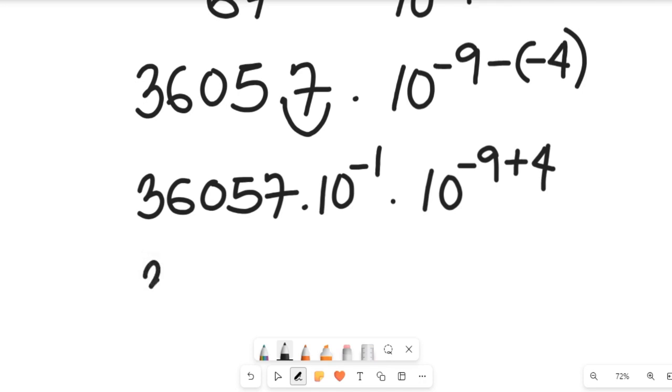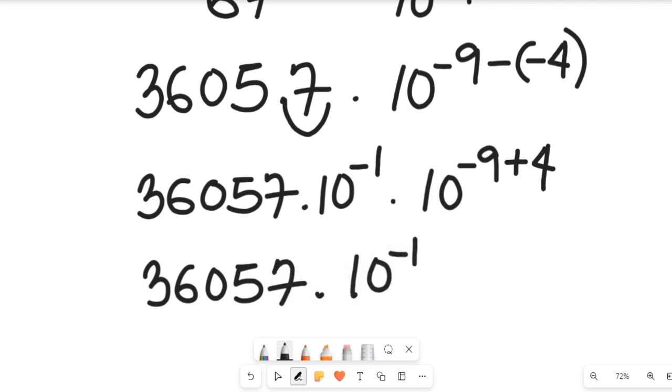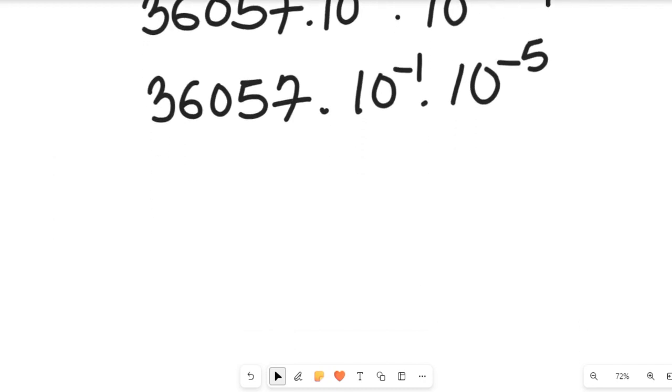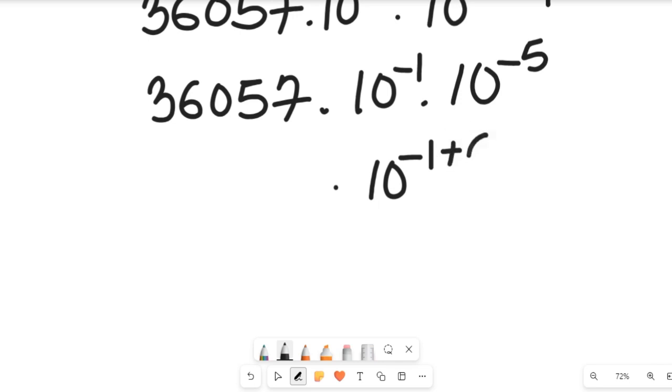So we're going to have 36057 multiplied by 10 to the power of negative 1, multiplied by 10 to the power of negative 5. Good. Now let's multiply these two. These two now become 10 to the power of, remember the multiplication law of indices, minus 1 plus bracket minus 5.